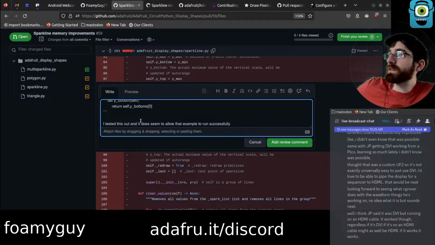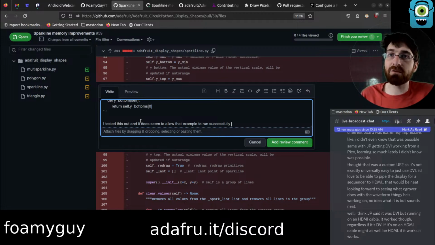I think JP said it was DVI, but running on it. Oh yeah, I have seen stuff like that as well, where it's technically DVI protocol or whatever, but it happens to be inside of an HDMI cable. Yeah, no, I am with you there. I didn't catch that part closely enough. I didn't realize his was through the HDMI cable like that.